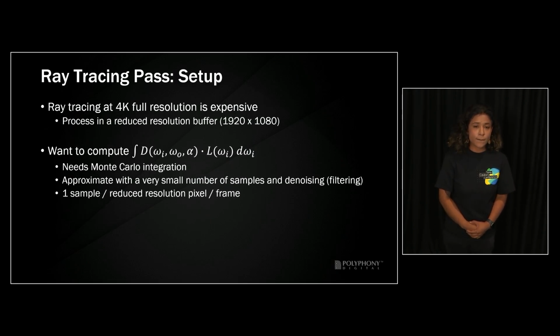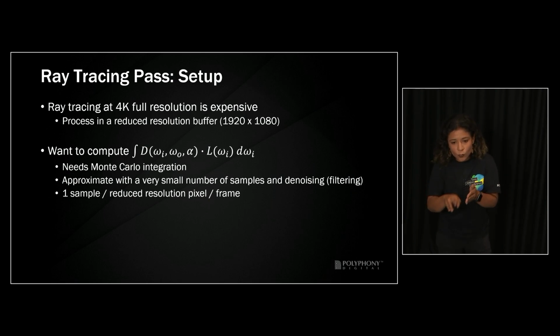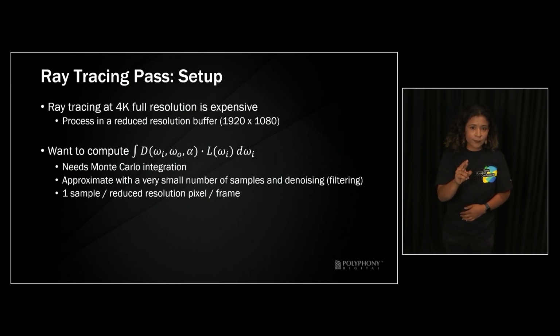Next, let's look at the ray tracing pass. Ray tracing at 4K full resolution is expensive, so we process in a reduced resolution buffer. As already explained, the integral must be computed, which is done using Monte Carlo integration. However, since the number of samples is small, we will denoise by filter.